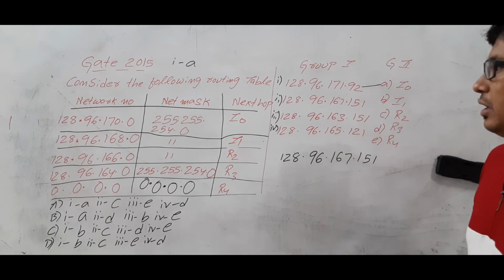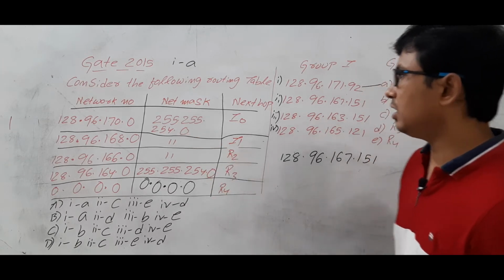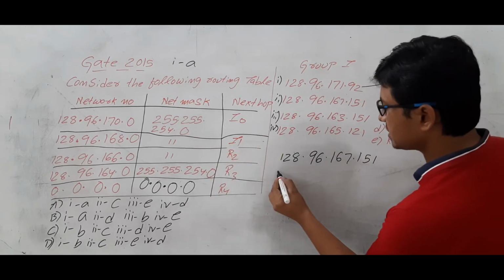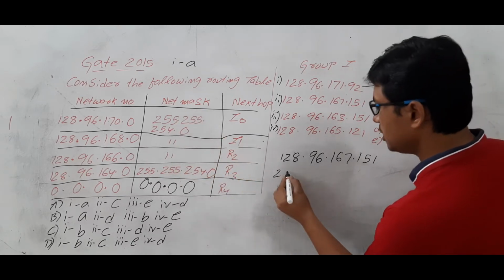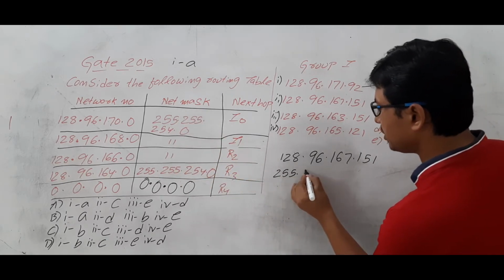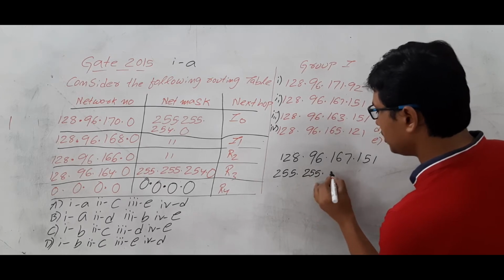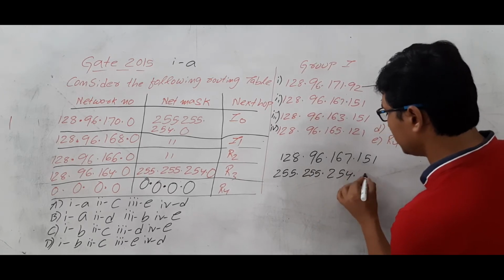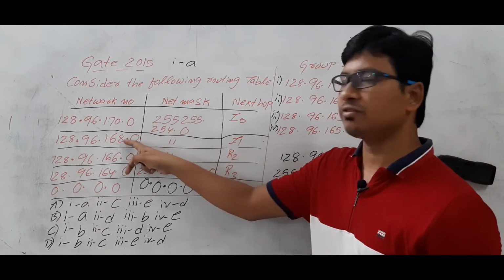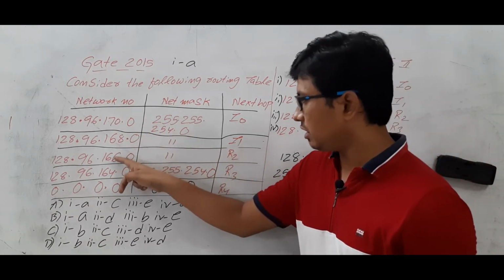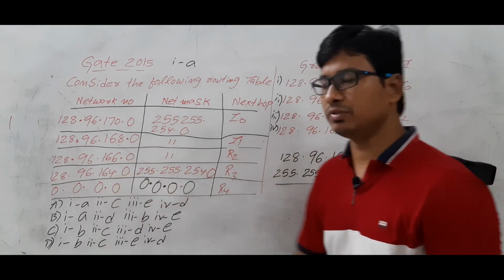128.96.167.151. Now again you perform the subnet mask bitwise AND, because all the subnet masks or network masks are the same. So you will perform with 255.255.254.0. If it is not matching with this one, then you will check whether it is matching with this one, not this one, not this one, then this one we will verify.